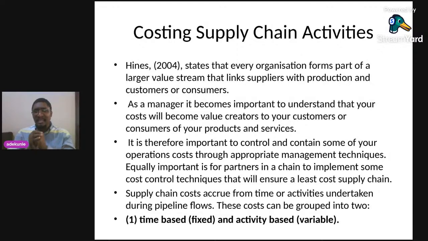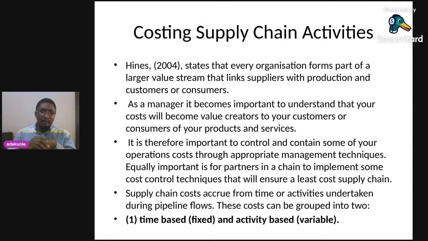It is therefore important to control and contain some of your operational costs through appropriate management techniques. Equally important is for your partners in the supply chain to implement some of these cost control techniques that will ensure at least the cost of supply chain is low.